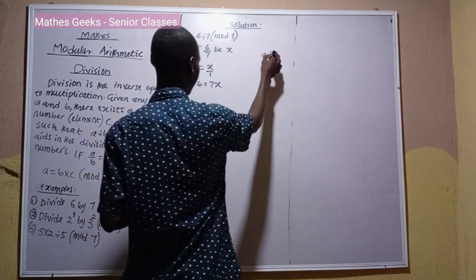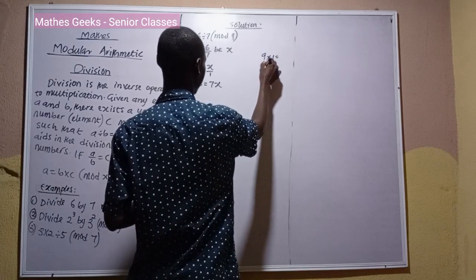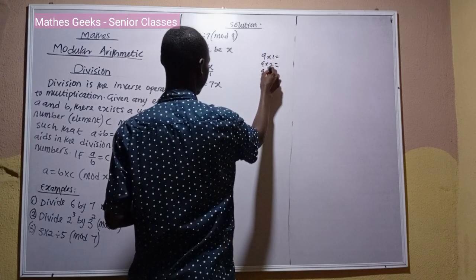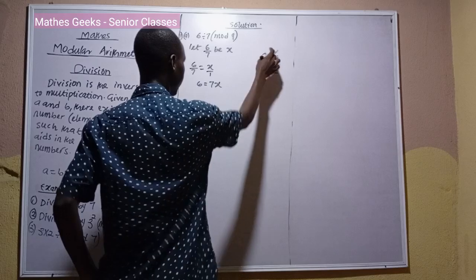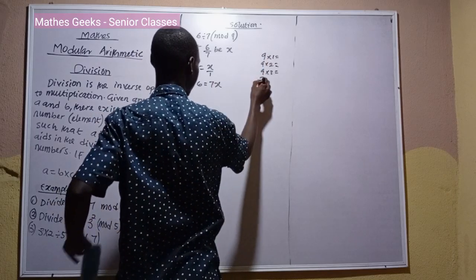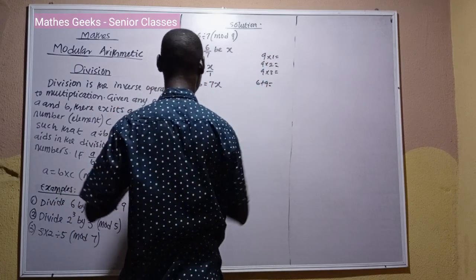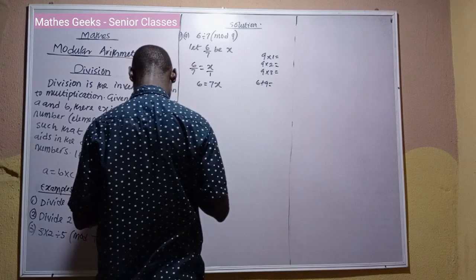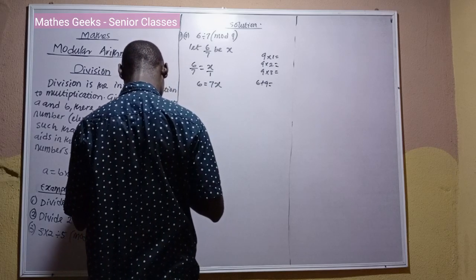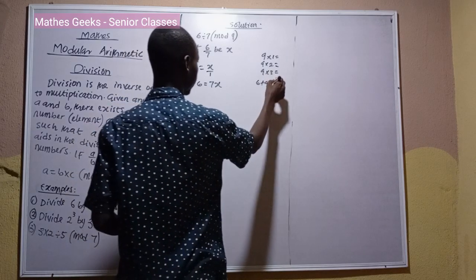So for instance, 9 times 1 is 9. 6 plus 9 is 15.